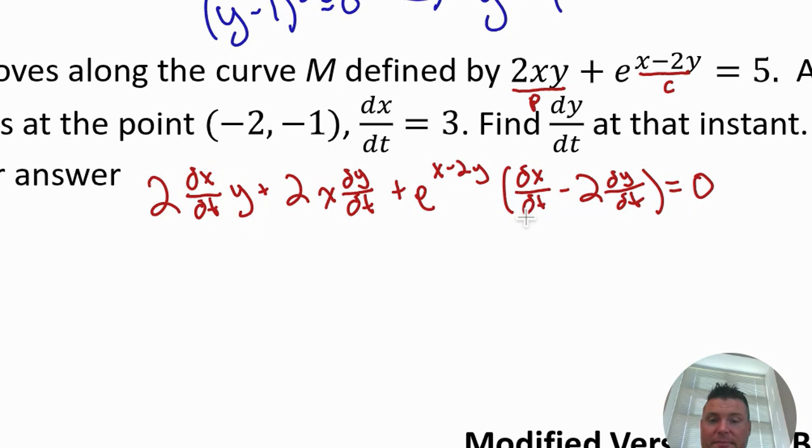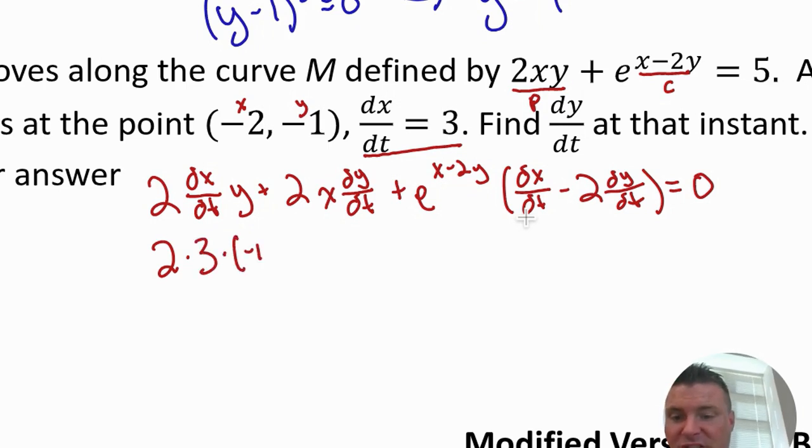So now at this point, that's the calculus, that's the heavy lifting. We're now going to use our algebra skills here. So we're going to substitute out x for a -2, we'll substitute out y for a -1, and we know that dx/dt is equal to 3. That's going to leave it with only the dy/dt term in here, and then we just got to use some algebra and figure it all out. So this is going to turn into 2 times dx/dt, which is 3, times y, which is -1, plus 2 times x, which is -2, dy/dt stays there.